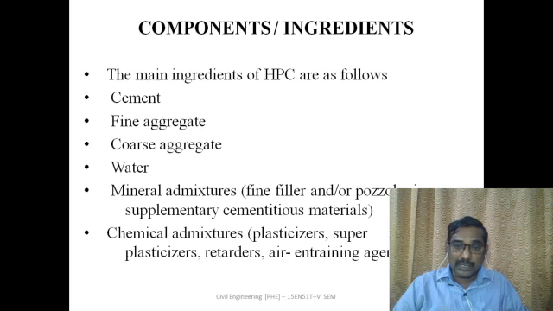The main components of high performance concrete are the admixtures, which are added in the form of mineral admixture or chemical admixture in addition to cement, sand, aggregate and water.